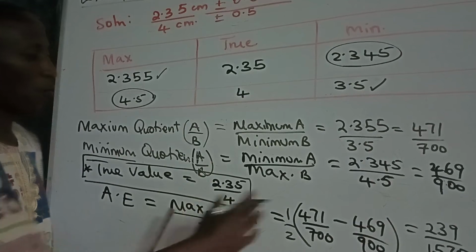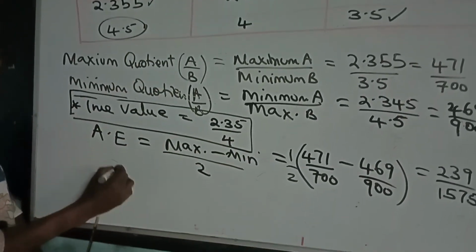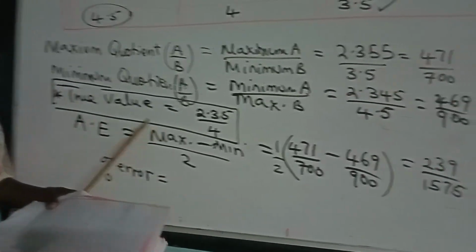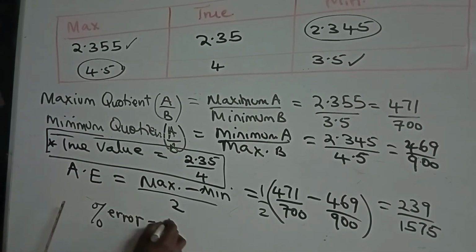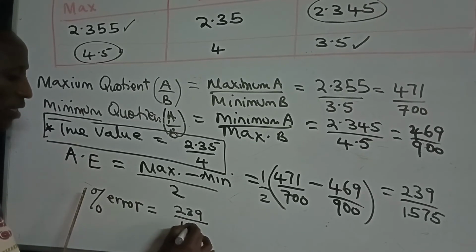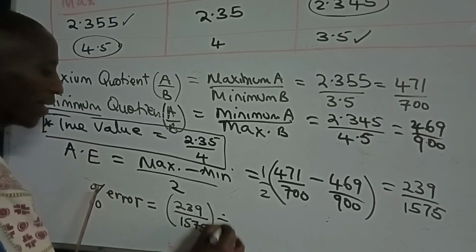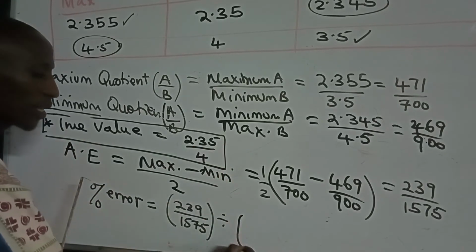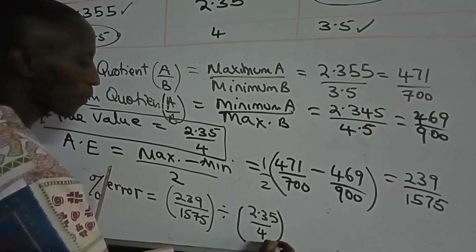With this, we can compute the percentage error. We get the absolute error, that is 239 all over 1575, and we divide that by what we had gotten as the true value, that is 2.35 divided by 4.